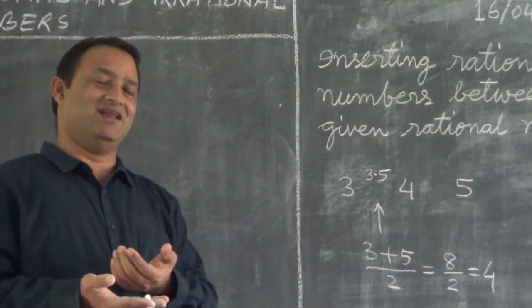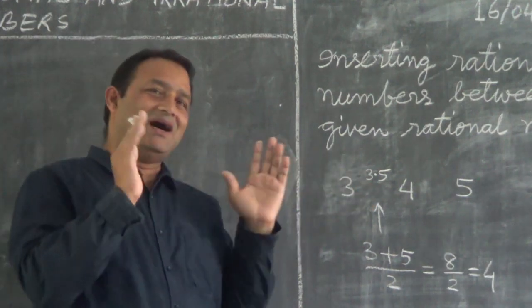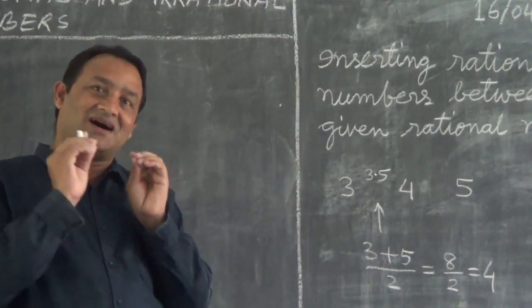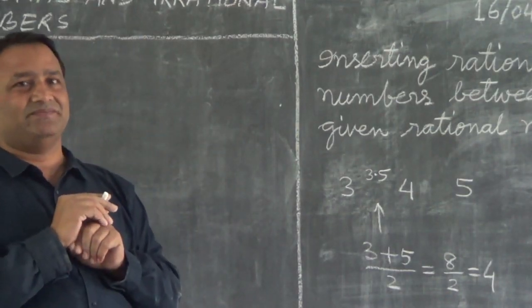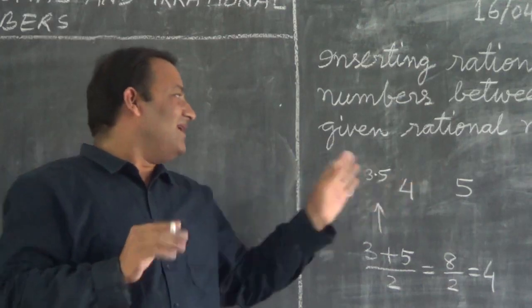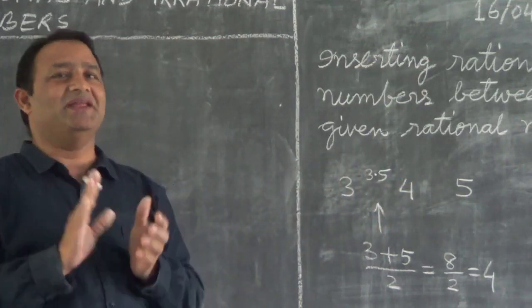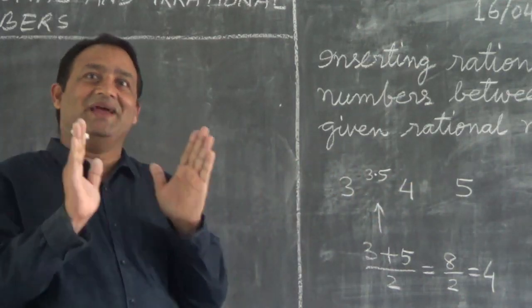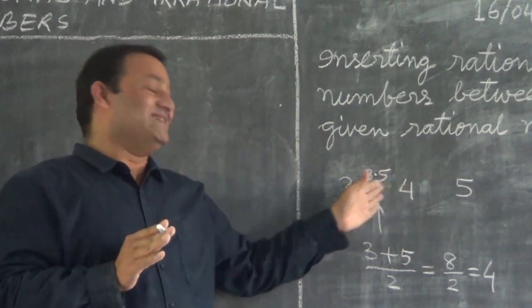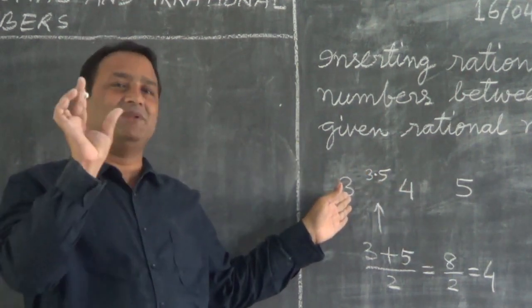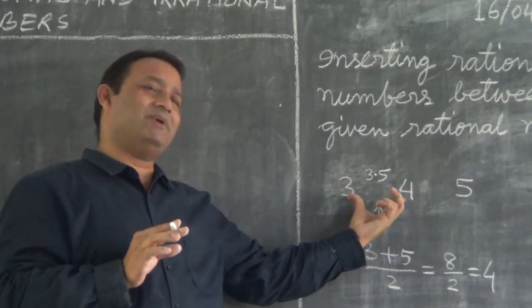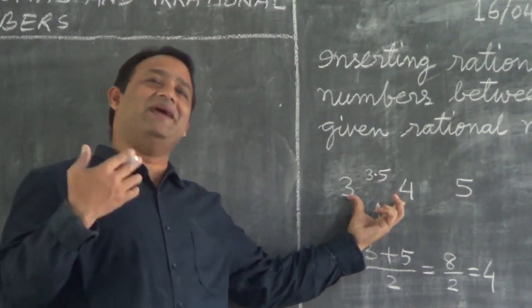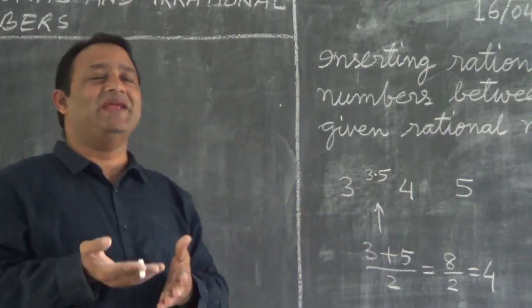Not all the rational numbers, but as many as are asked in the question. Some finite, limited number of rational numbers we can find, but infinite we cannot find.